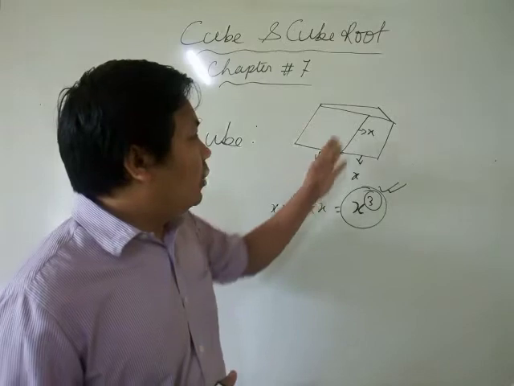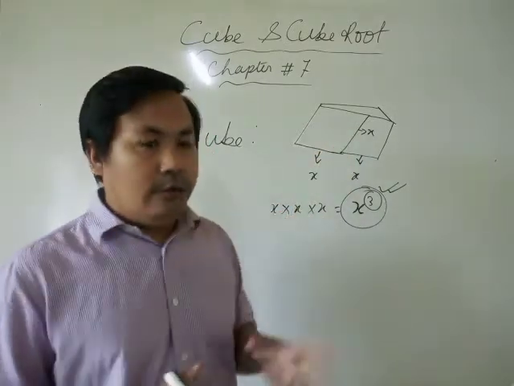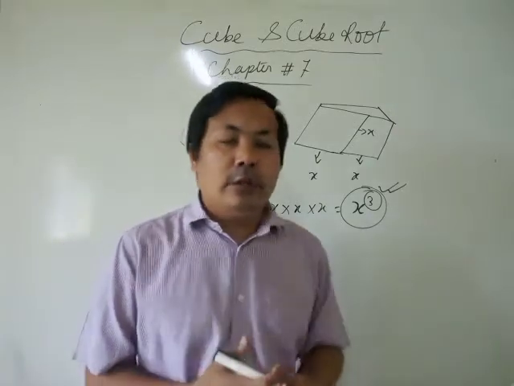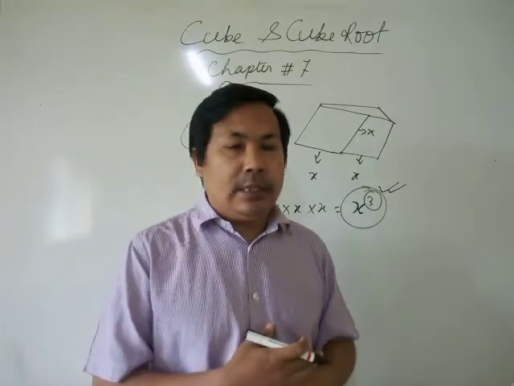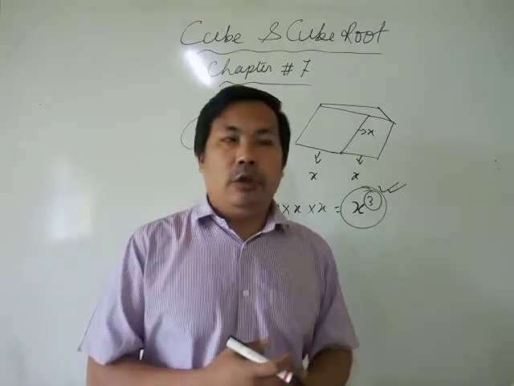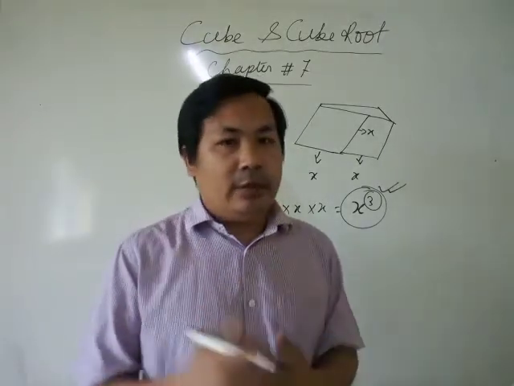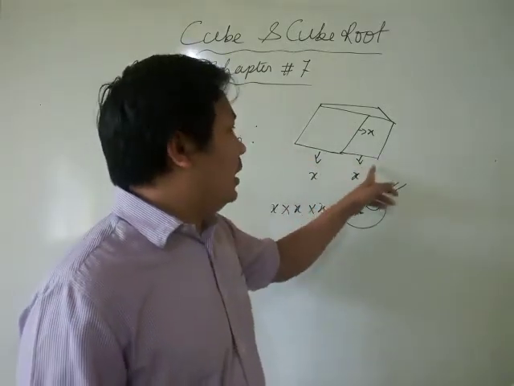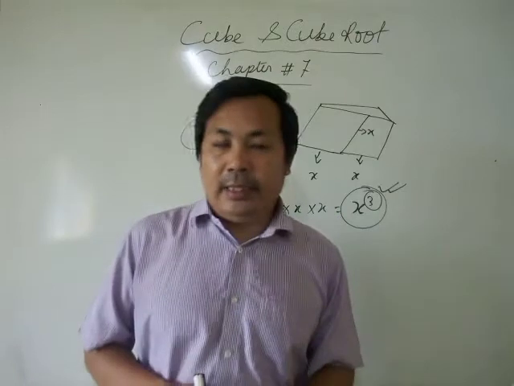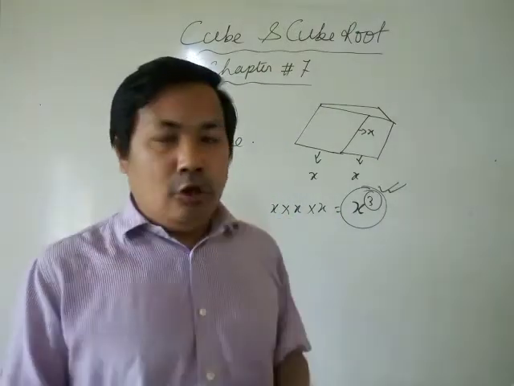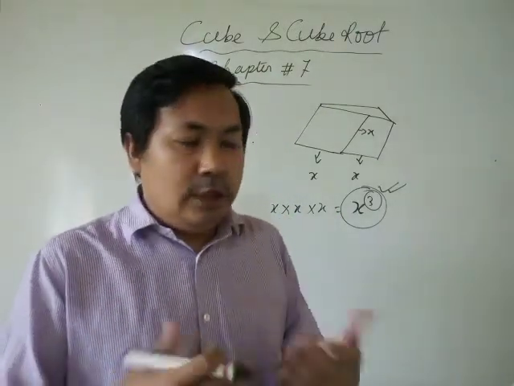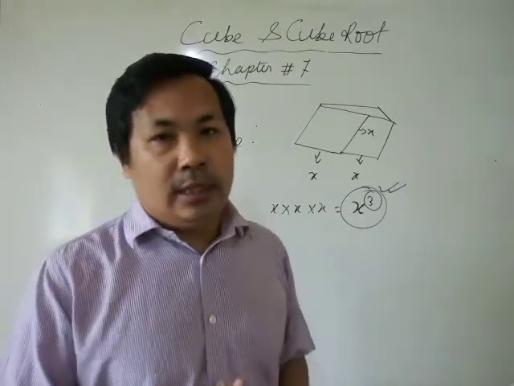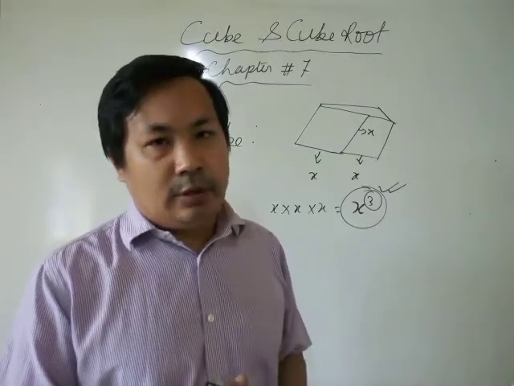So what happens when we try to find the volume of the cube? The volume of the 3D shape cube is length, breadth, and height multiplied together. Since it is a cube, a 3D shape of a square, all the edges will be equal to one another, so I take them as x.